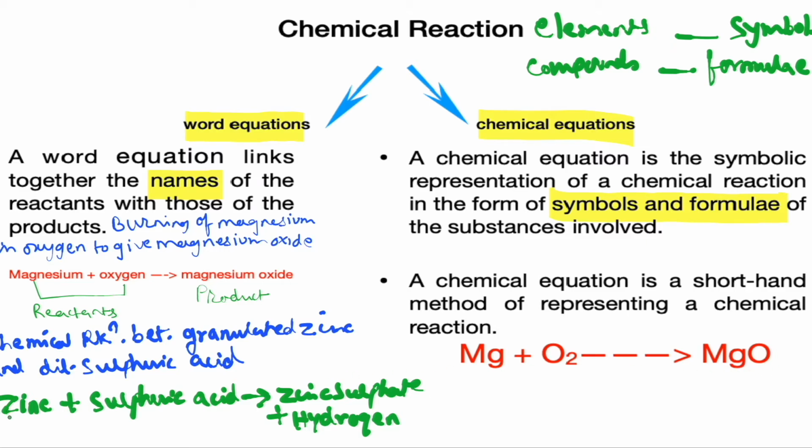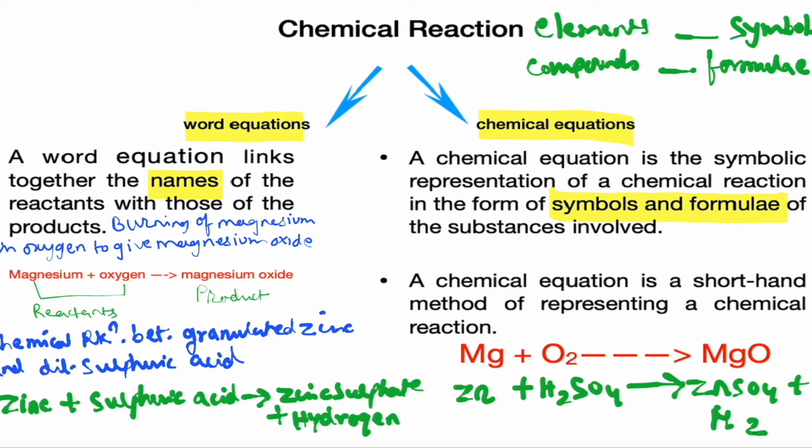Similarly, for the chemical reaction between granulated zinc and dilute sulfuric acid, for this word equation, the chemical equation in the form of symbols and formulae will be, for this element zinc, the symbol is Zn, and for the compound sulfuric acid, the formula is H2SO4 gives zinc sulfate, which is a compound, ZnSO4 plus hydrogen, which is an element, H2.